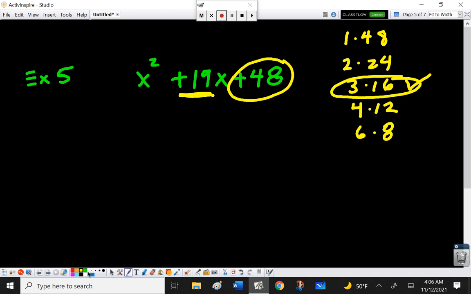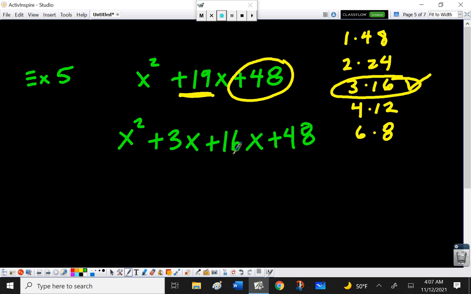So now, ladies and gentlemen, we're going to write our x squared, space it out, 48. Let's put these factors in there. Plus 3x plus 16x. Common factor here, x, and we'll be left with x plus 3.